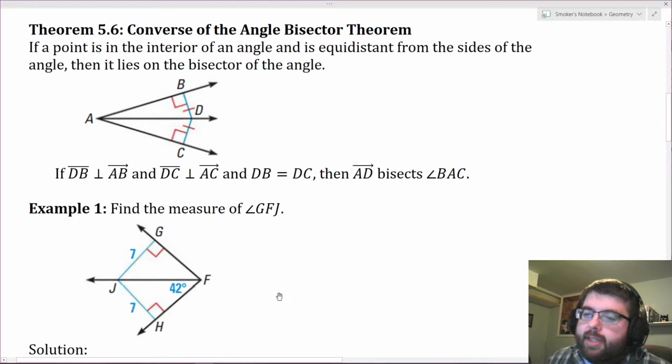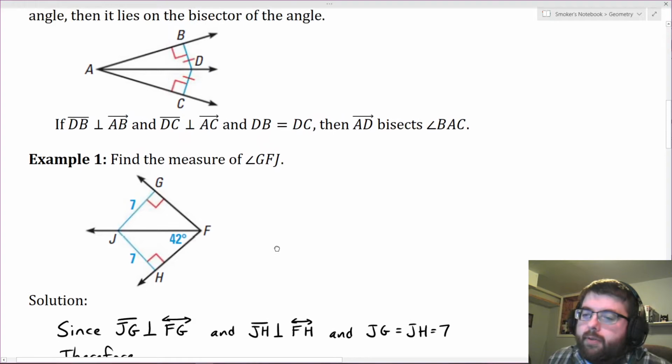So how are we going to conclude that it's an angle bisector? Well, first of all, we know that JG is perpendicular to this side, FG, and we know that JH is perpendicular to this side, FH, and they told us that JH and JG are both 7 and thus equal to each other.